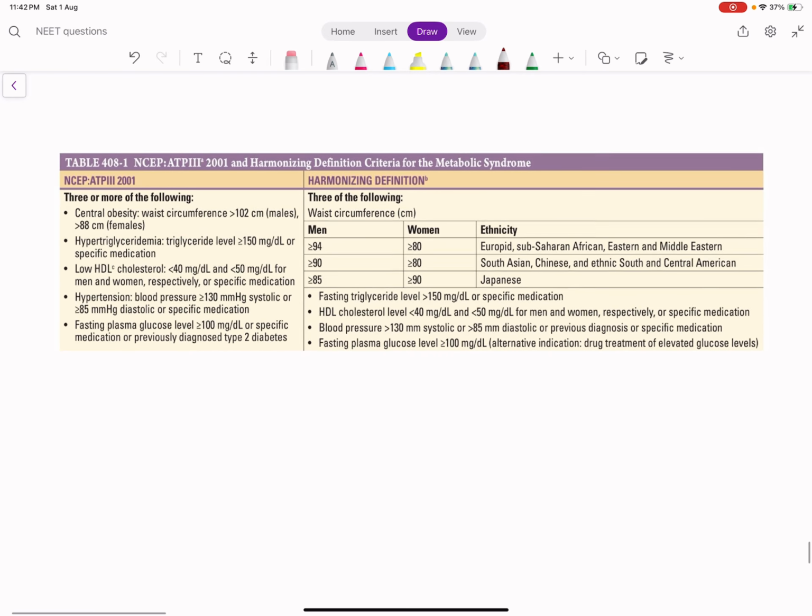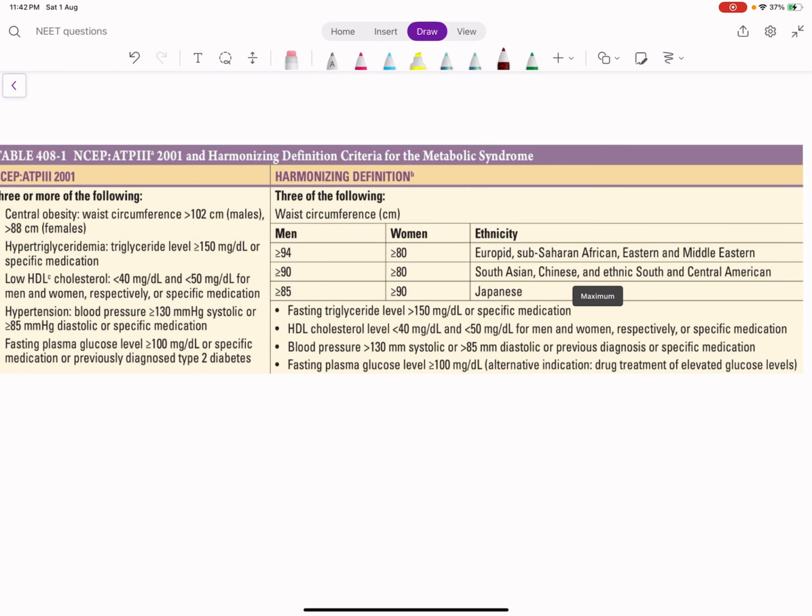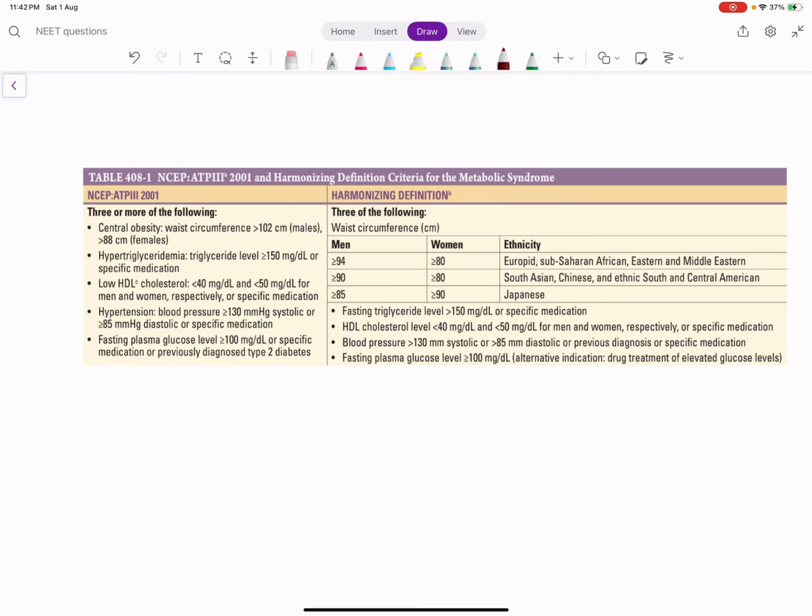Now metabolic syndrome. Some questions or scenarios may come on the criteria. Just remember there is central obesity. For South Asians, men have more than 90 centimeters and females should have more than 80 centimeters to say it is central obesity. Hypertriglyceridemia: triglyceride more than 150, or low HDL less than 40.